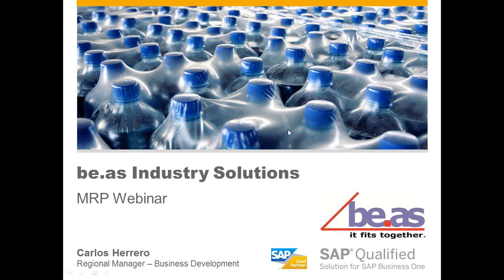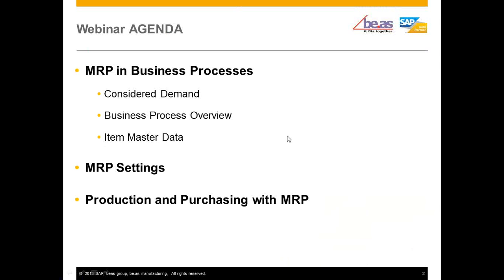So for the MRP webinar, we have the following agenda. We will have a look at the MRP in business processes, which means what is the considered demand by the MRP. Of course, we will have a look at one of the business processes we are able to manage with Beas, and to see where MRP is able to interact.